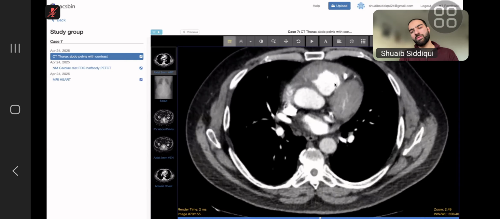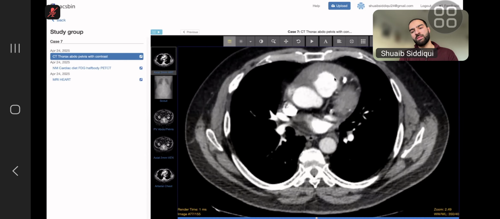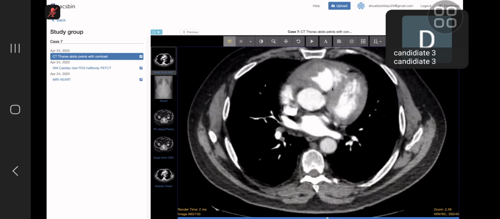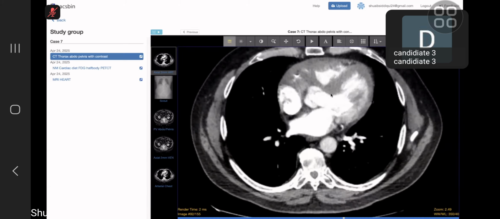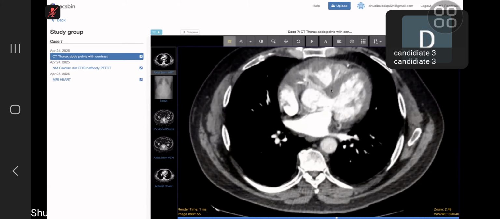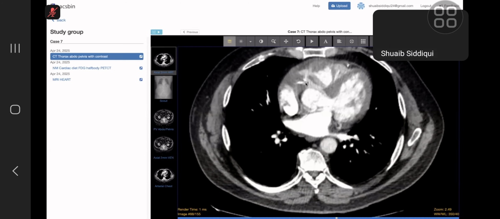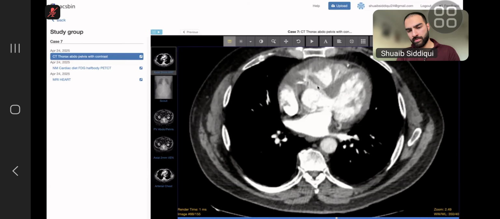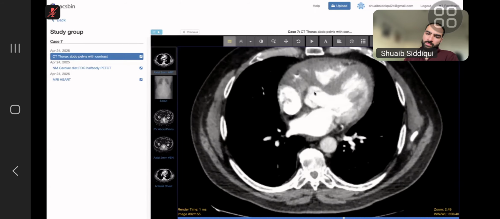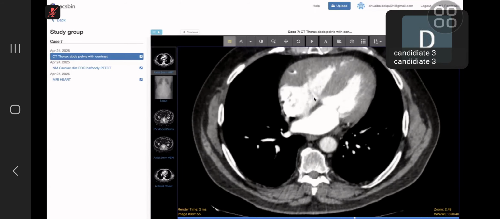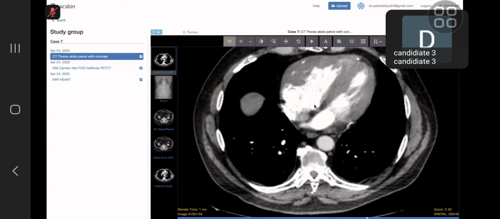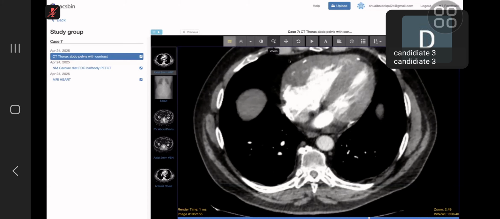Okay. Point to me where the right coronary artery is, please. Okay, just 1 second. This one. Okay, that's fine. Follow it. It's giving the branch.